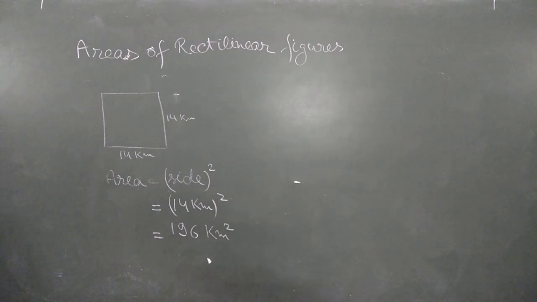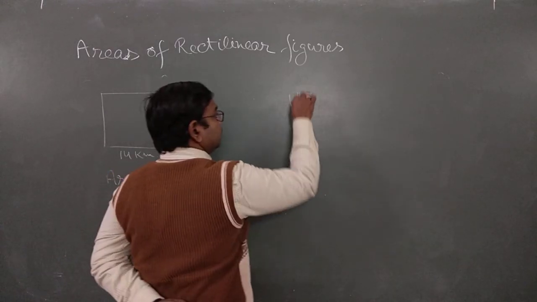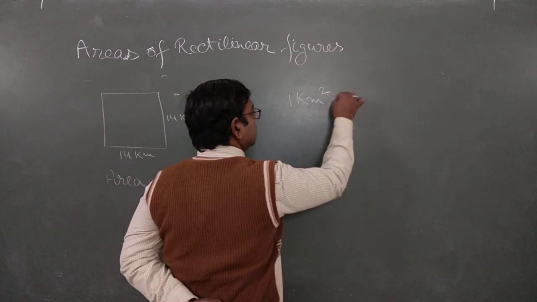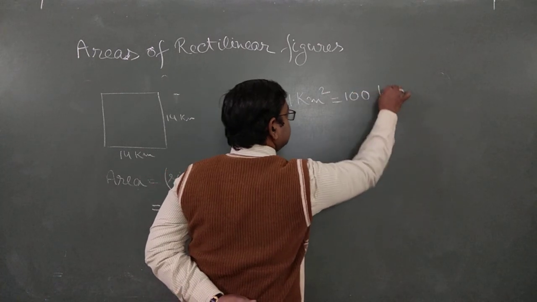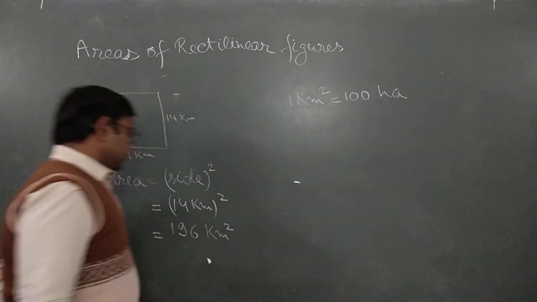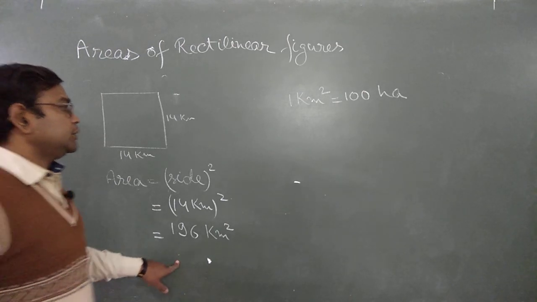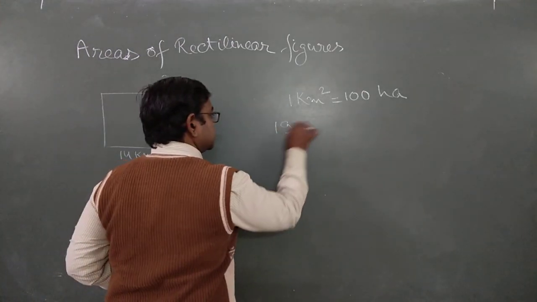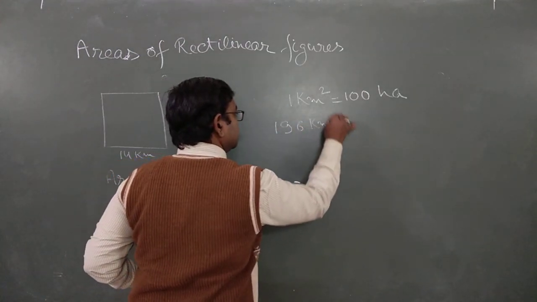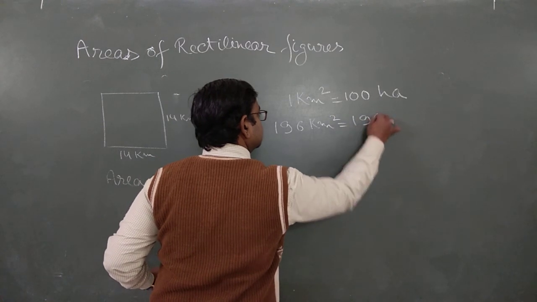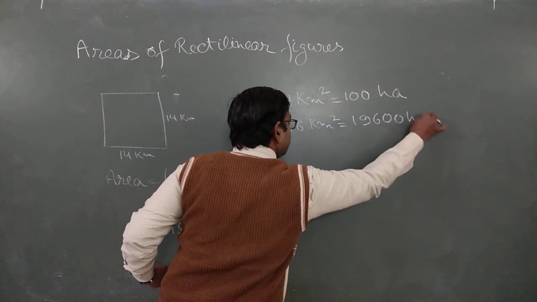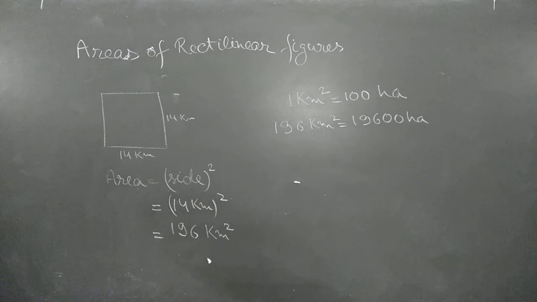And as we know, 1 kilometer square equals 100 hectare. The question says you have to convert this into hectare, so 196 kilometer square equals 19600 hectare. Hope this one is clear to you.